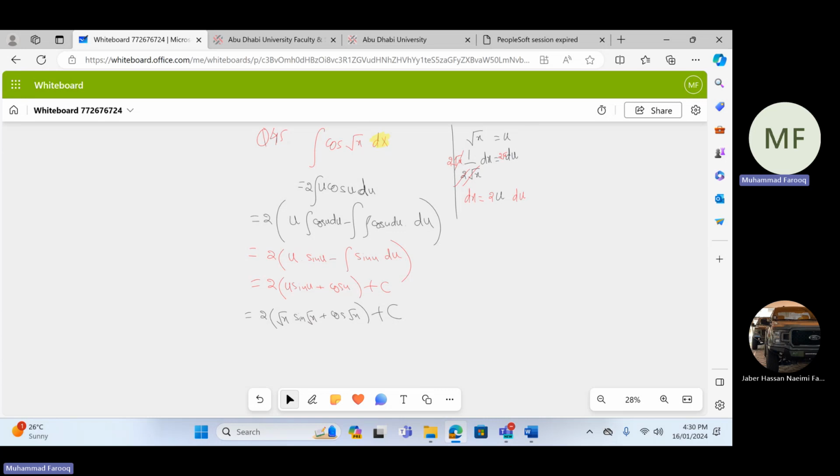If you were getting the integration of cosine again, then you would put I here. Here there is no integration involved.